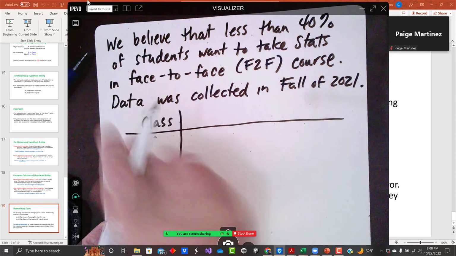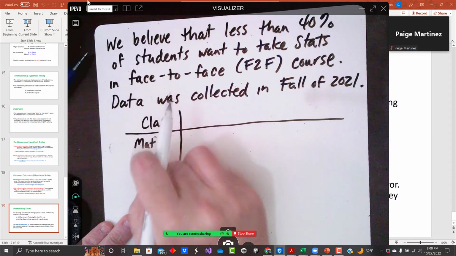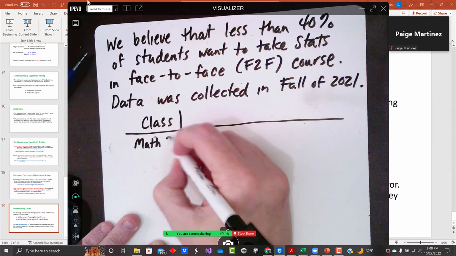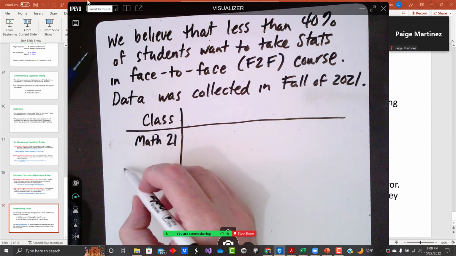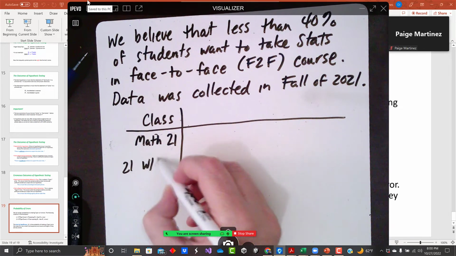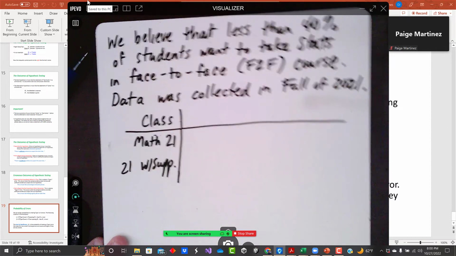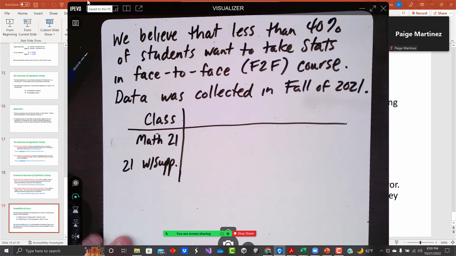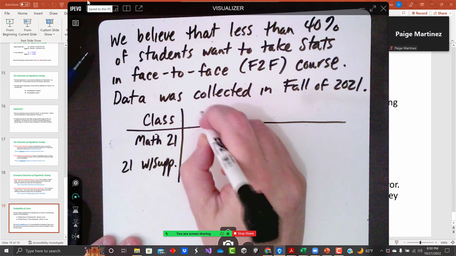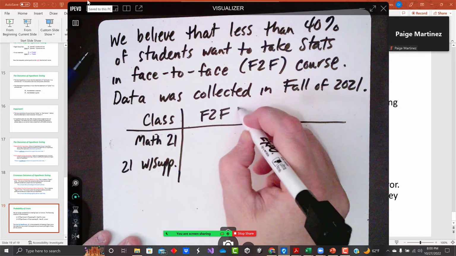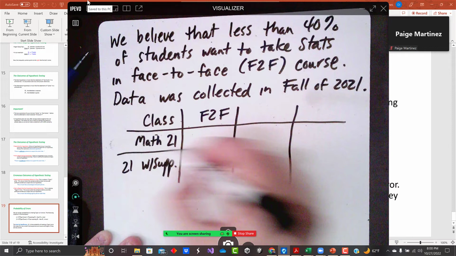I'll just put Math 21. If I could spell math, there's an H after MAT. And the other option was 21 with support. Some of my students have a support course this semester. So when we were just following enrollment for fall of 2021, these were the numbers we got.